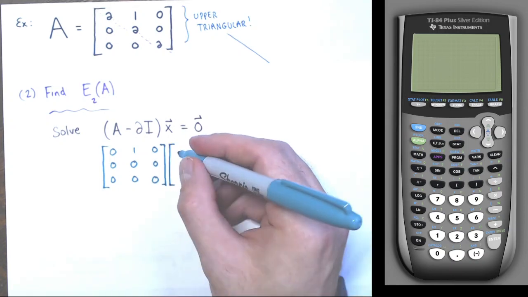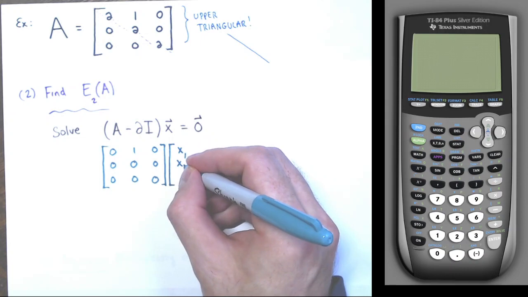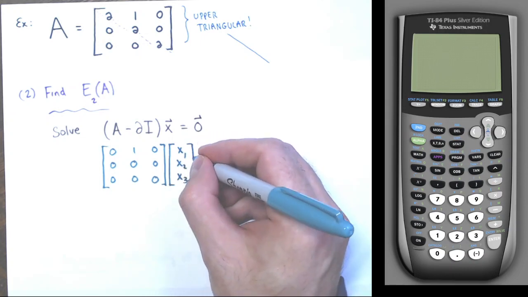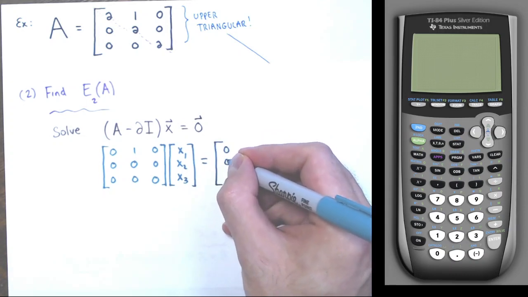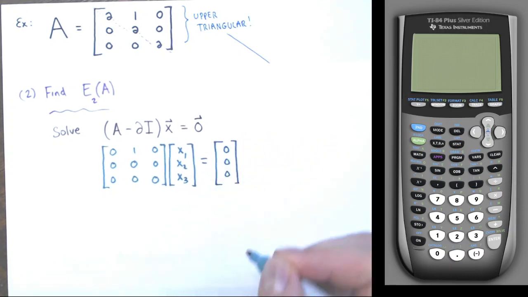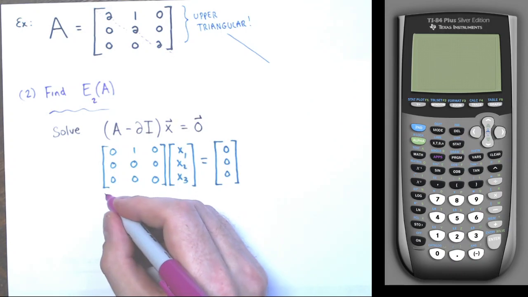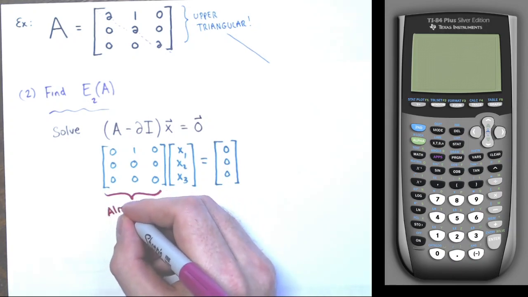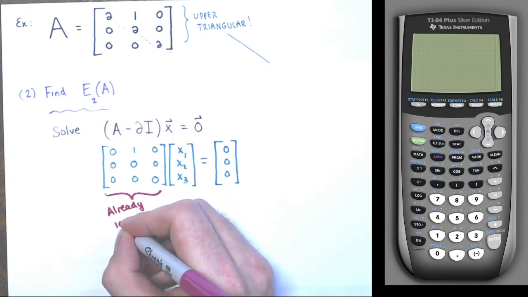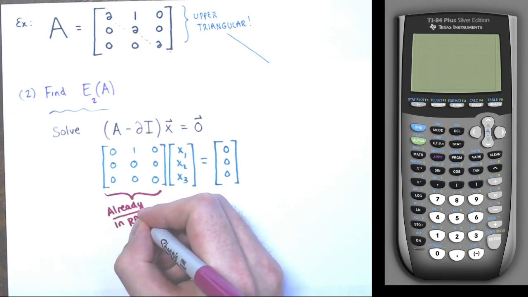This is a 3 by 3 matrix now, so say x1, x2, and x3. And I want this to be equal to the 3 by 1 zero vector, the zero vector from R3. Then as before, I take this matrix, this A minus 2I, and put it into reduced row echelon form, which it already is. This is already in reduced row echelon form.